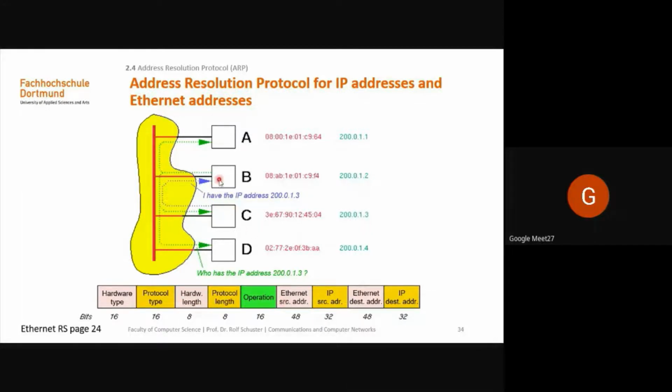And in the ARP request, B will specify here its own MAC address, that is this one, its own IP address, that is this one, and the destination IP address, that is this one.